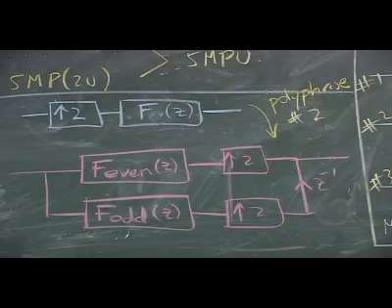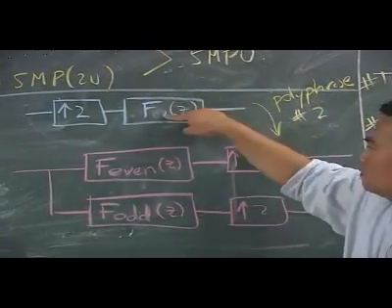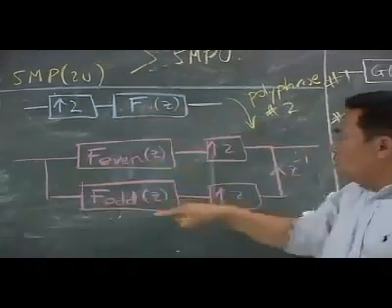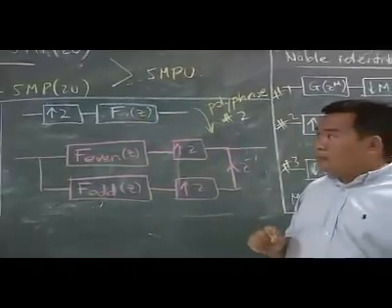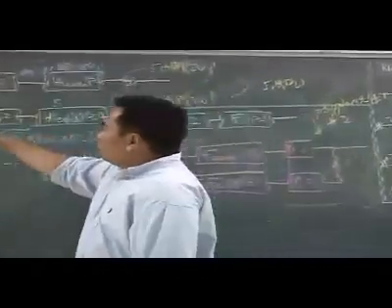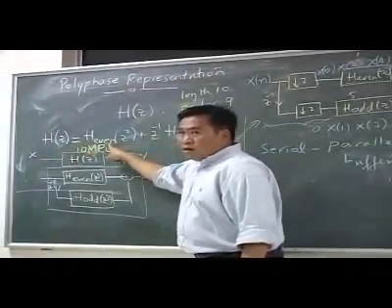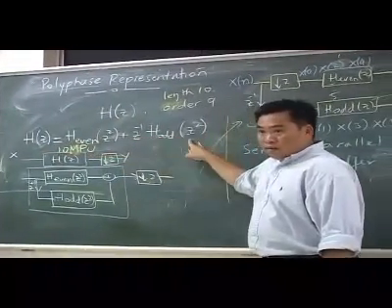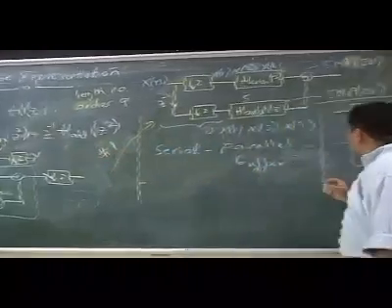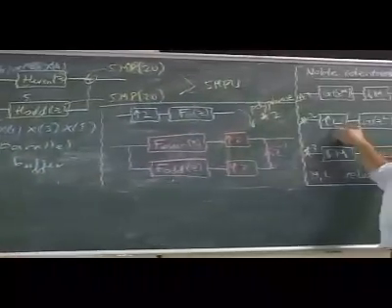So first, what you have to do is write F in the polyphase form, which looks like this. Okay, F with F even of Z square, Z inverse, and F odd of Z square. And then we use the second noble identity to switch the operation.